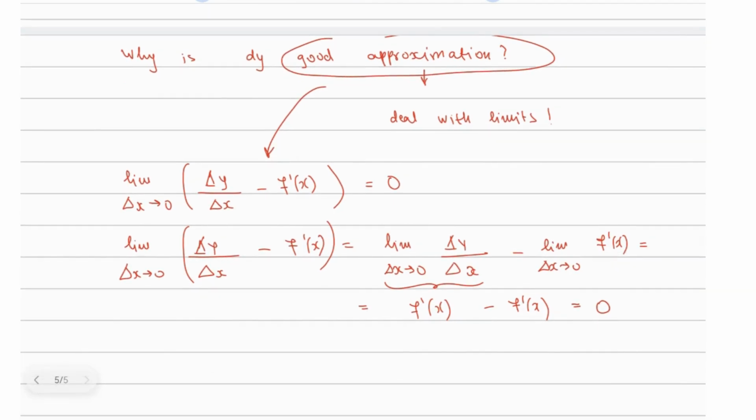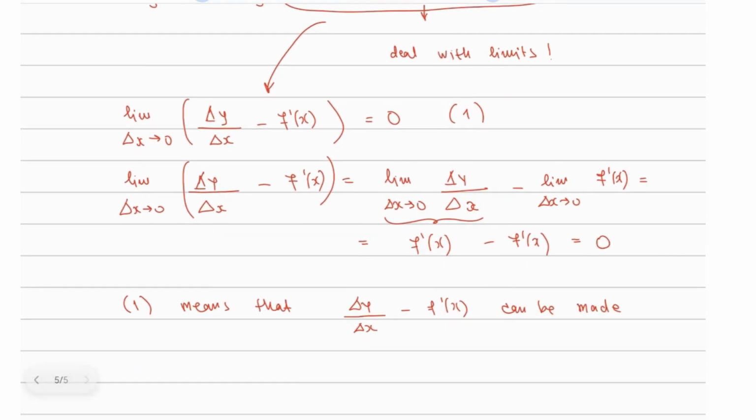So let us call this 1. So 1 means that delta y over delta x minus f prime of x can be made as close as possible to 0 whenever dx is close to 0.